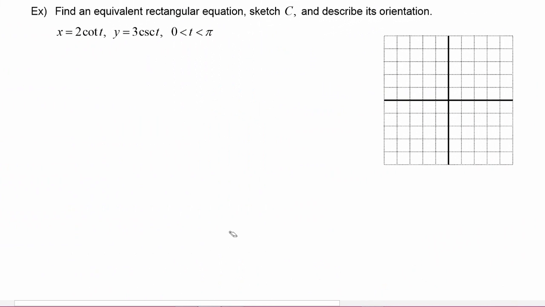In this example, we have to find an equivalent rectangular equation, sketch C, and describe its orientation. We are given the parametric equations that x is equal to 2 cotangent of t and y is equal to 3 cosecant of t. The interval we are given is that t has to be between 0 and pi.